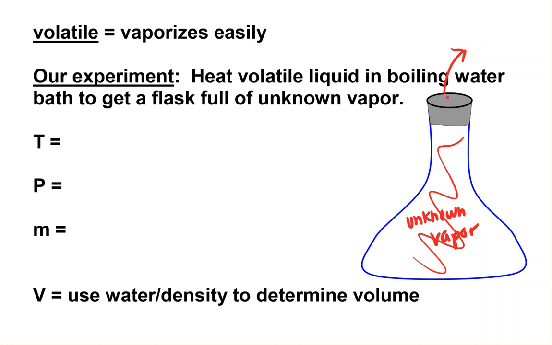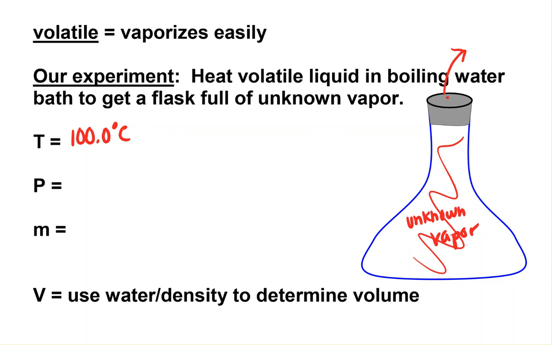So that this whole thing will just have the unknown vapor. After it's been dunked in there for 10 minutes, the temperature of our unknown vapor will be the temperature of boiling water, and we're going to call that 100.0 degrees C. And of course, you're going to convert that to Kelvin. And then the pressure of the gas that's in here is going to be the same as the pressure in the lab.